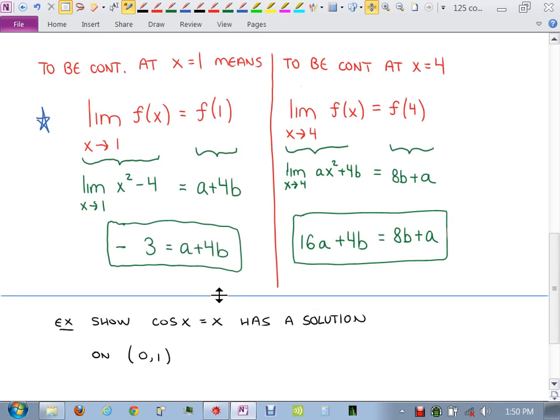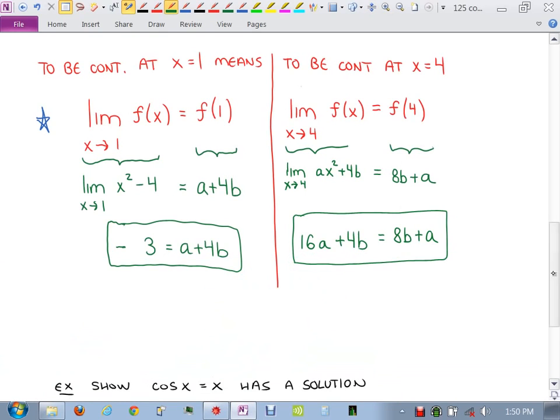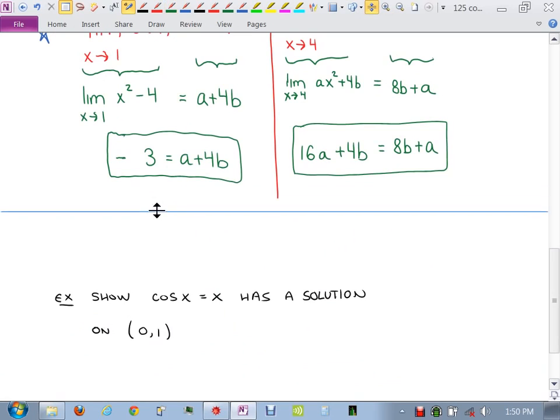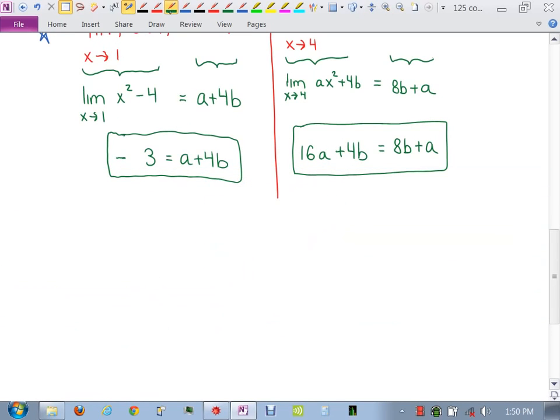So I'm going to make some room here. And I think I'll write the first equation here. I'm going to write it as a plus 4b equals -3. And the other equation, I'm going to move everything to the left side.